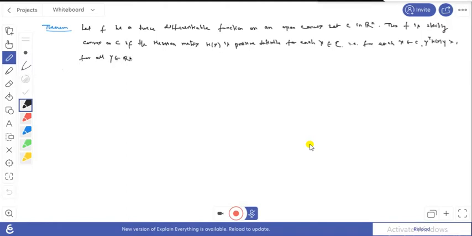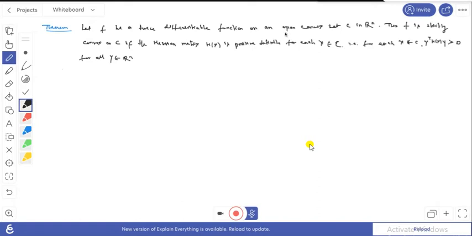So for each x that belongs to C, the Hessian at that point, and you take any y belonging to Rn, this is strictly greater than 0, for a strictly convex function.